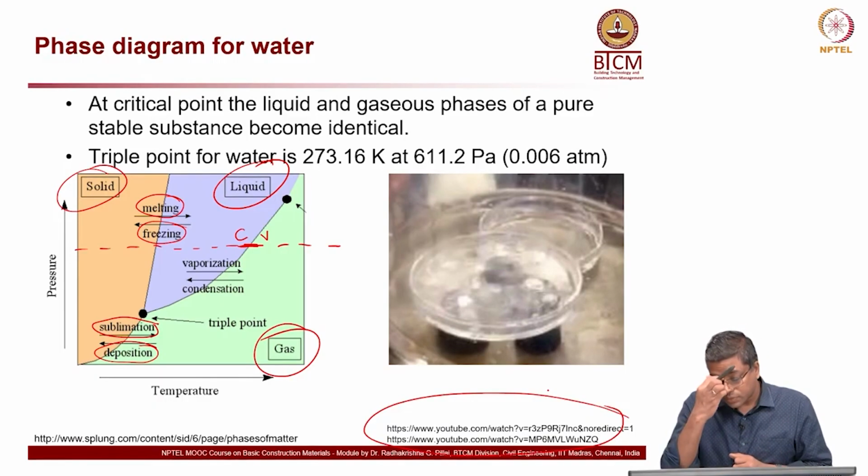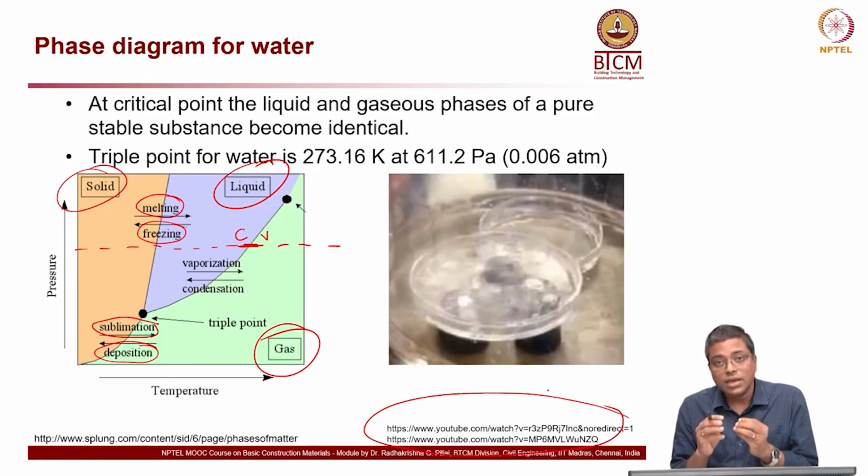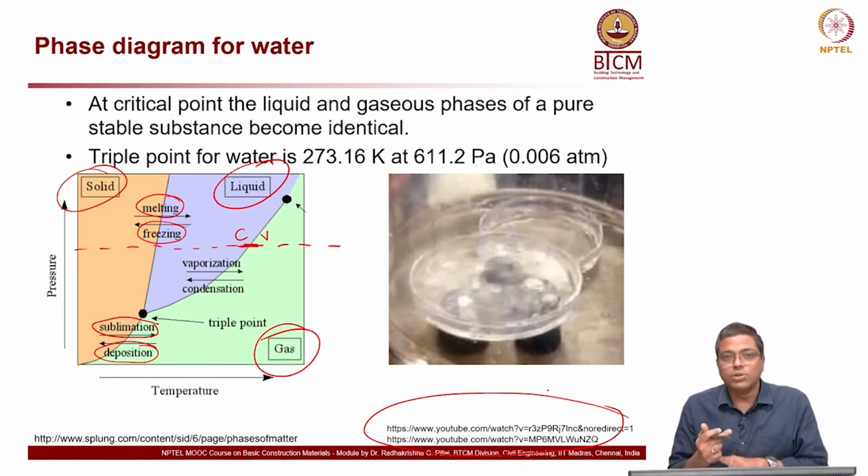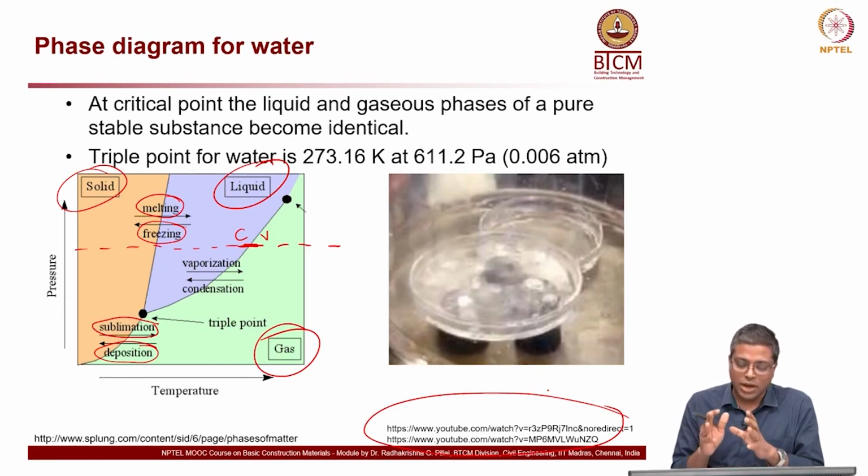This is actually on water. You can see ice crystals forming, boiling water, and also gas bubbles bursting. All these things are visible at the same time. It happens in the same petri dish which is used in this experiment.